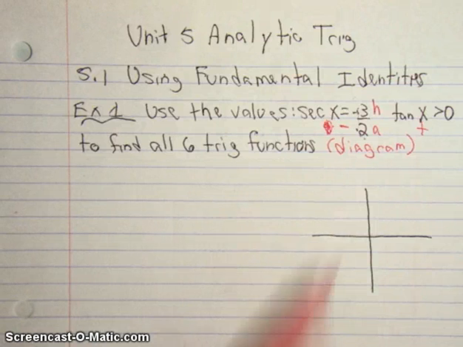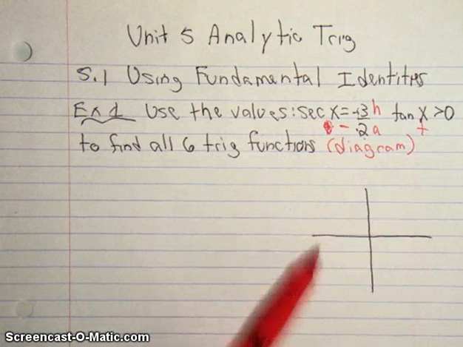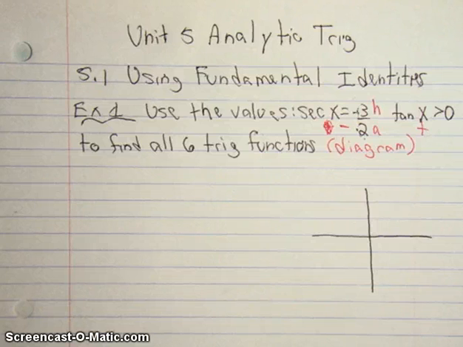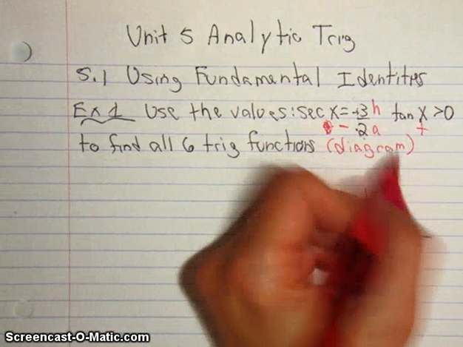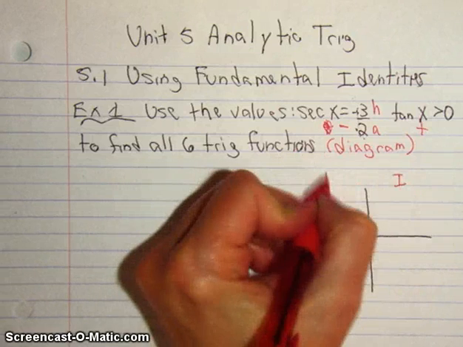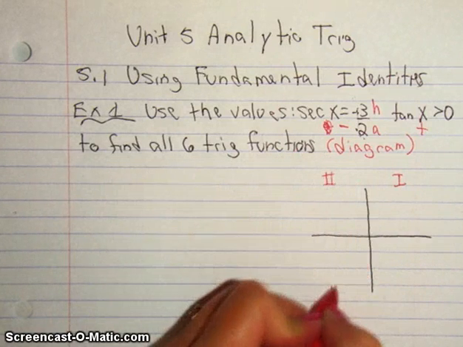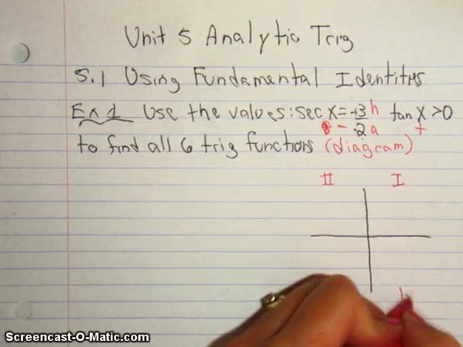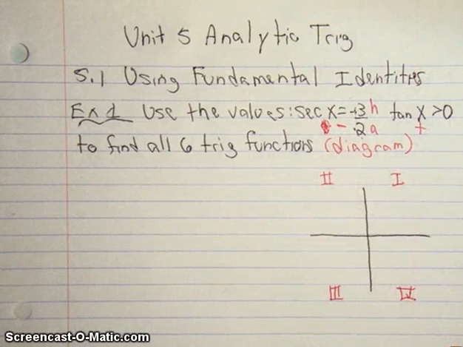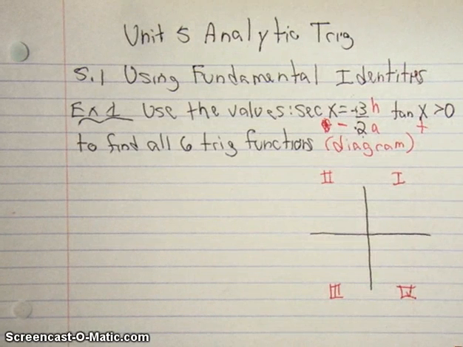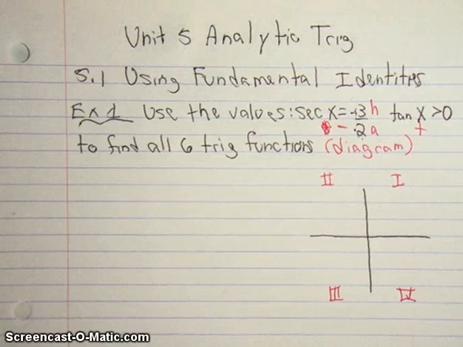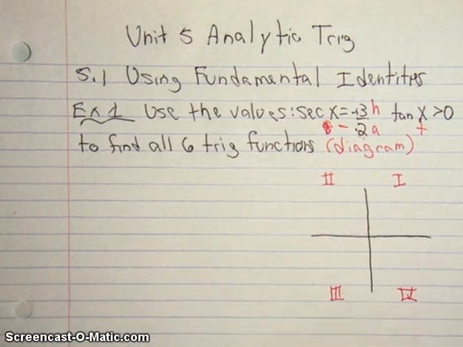Now, in our quadrants on the unit circle, anybody remember what 2 quadrants cosine was negative in? Cosine is like your x. Rachel? 2 and 3. Very good.